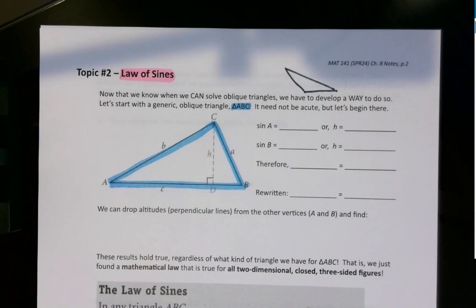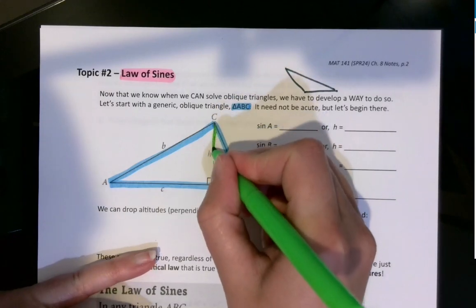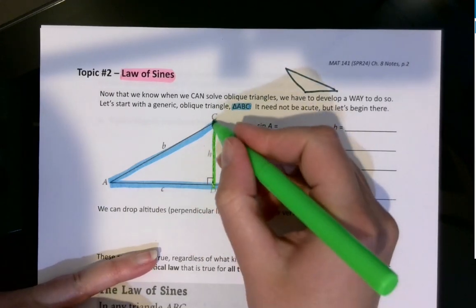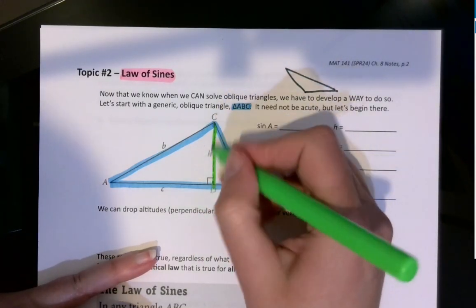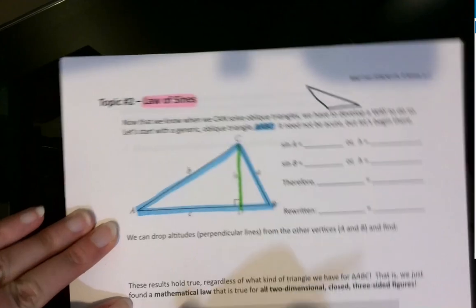Now, one of the ways to figure out the law of sines and to think about it is to imagine a straight line dropping down from one of the angles. It doesn't have to be this angle. This one was by flattening this side to the horizontal.